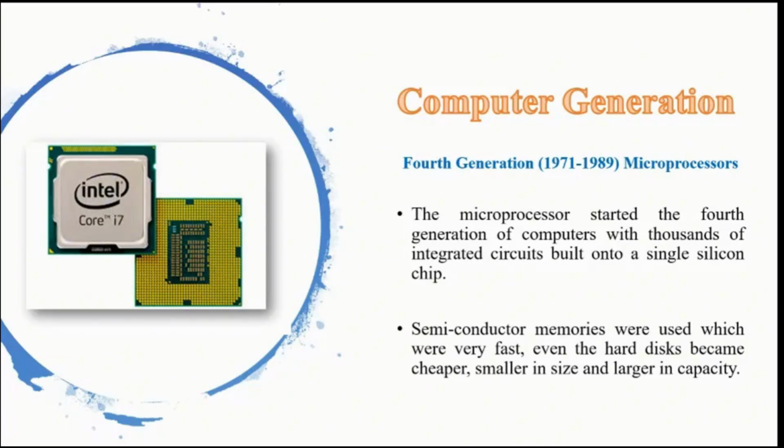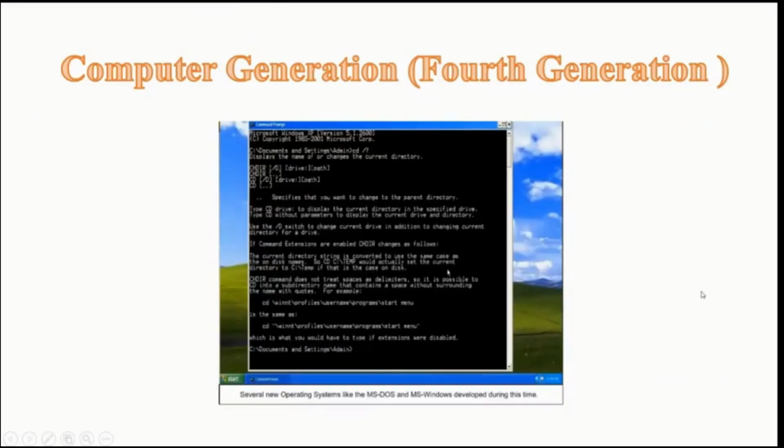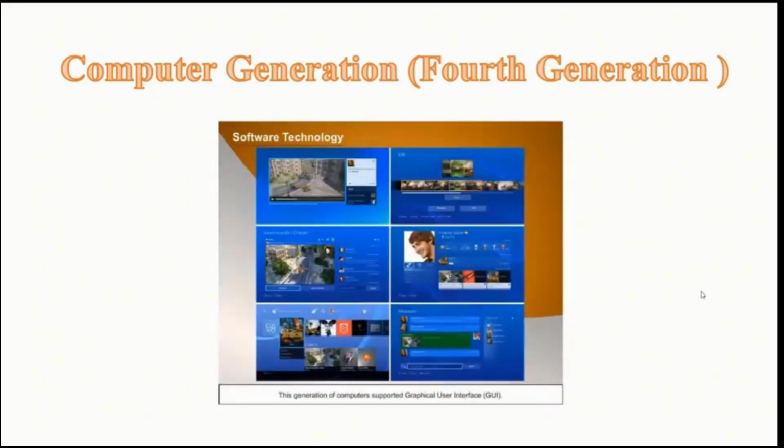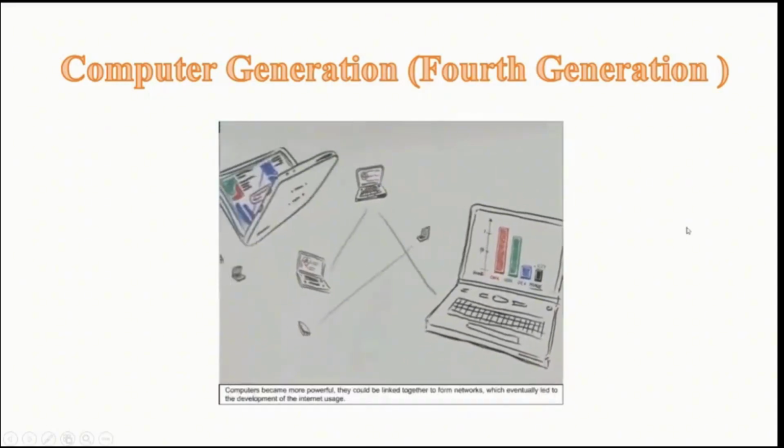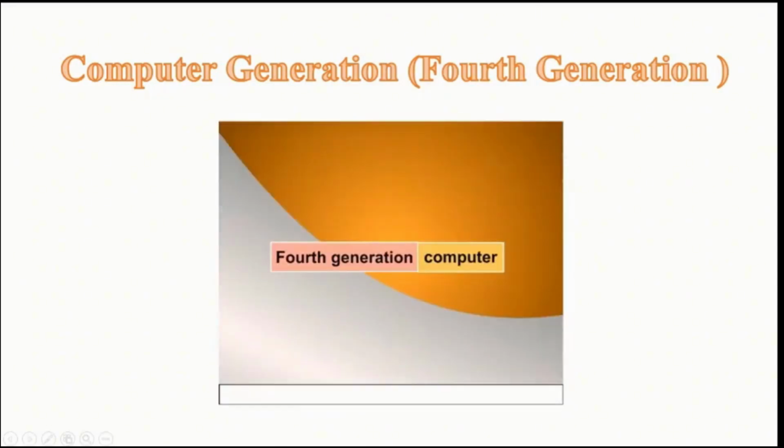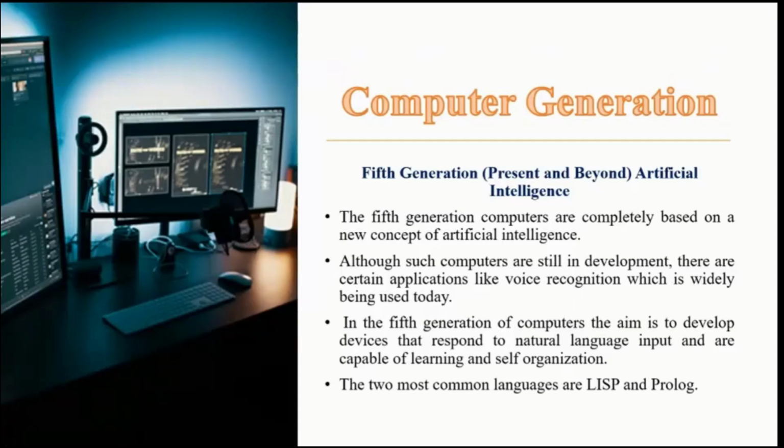Thousands of integrated circuits built the microprocessor. The operating systems started to use Windows, again improved. Okay, that was the fourth generation.